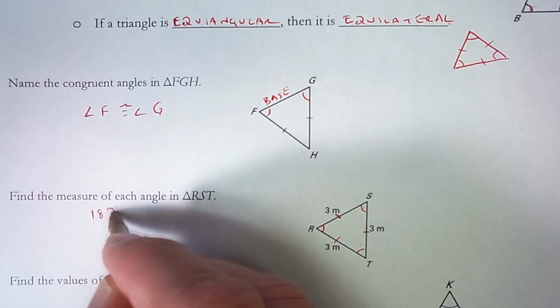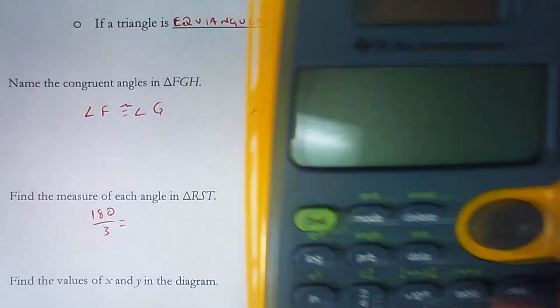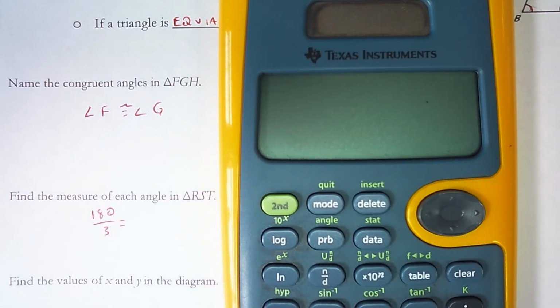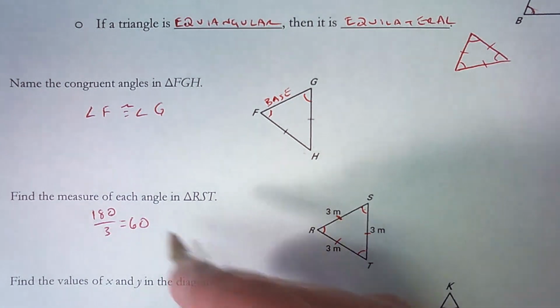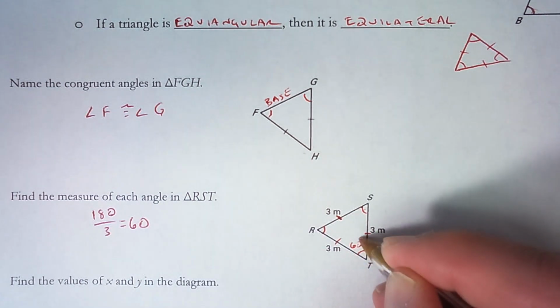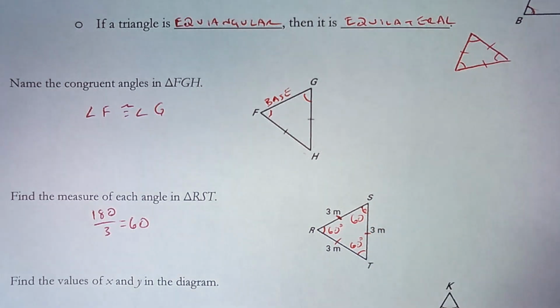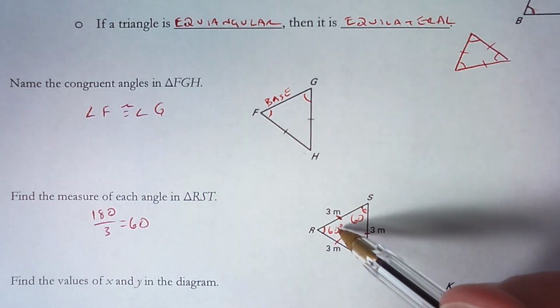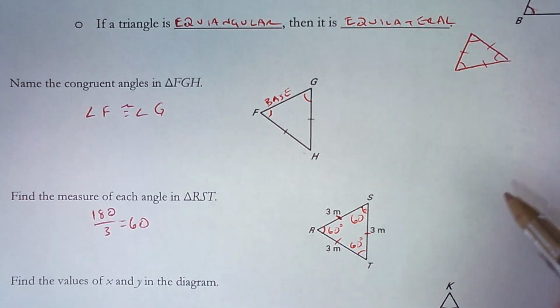So if I do 180 divided by 3, since they're all going to be the same, then I'll get that measure. So 180 divided by 3 is 60. Okay, so I know that this is 60 degrees, this is 60 degrees, this is 60 degrees. In an equilateral triangle, the angle measures are always 60, 60, 60.